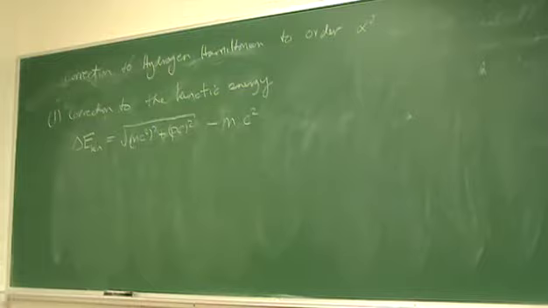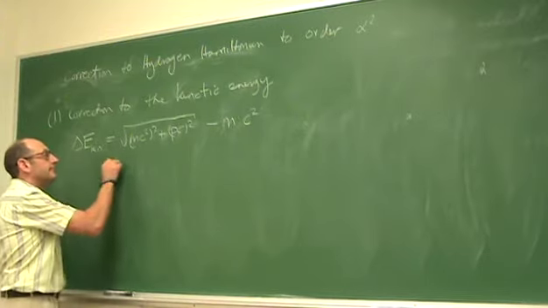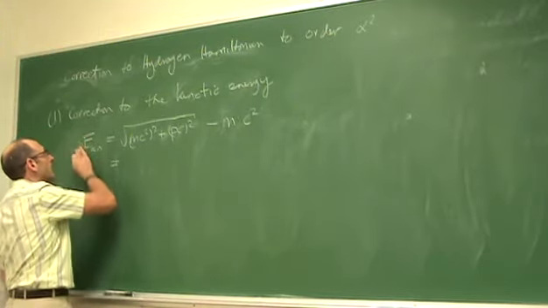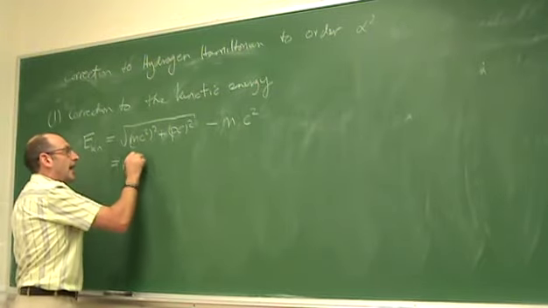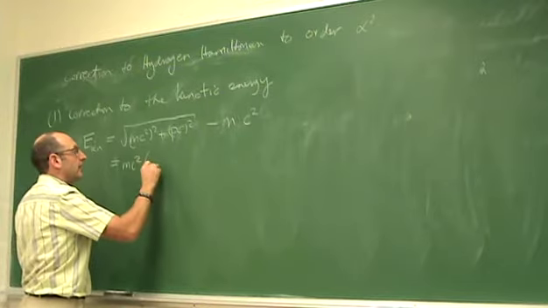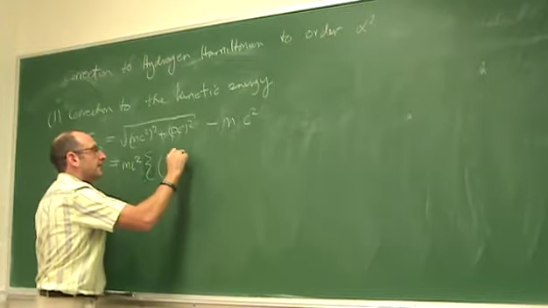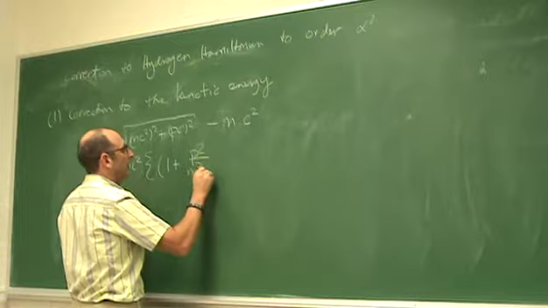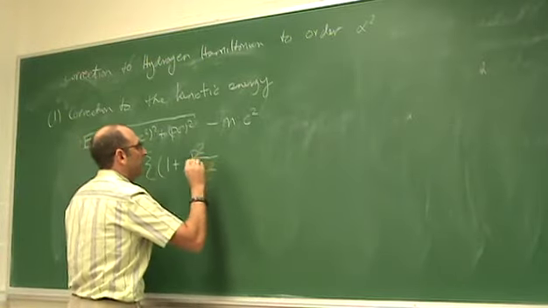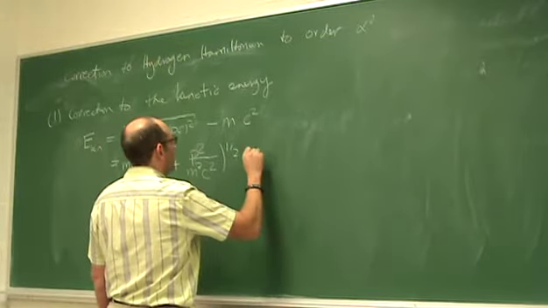That is the kinetic energy. Well, let's just factor this out. We have mc squared times the quantity 1 plus p squared over m squared c squared, to the 1/2, minus 1.